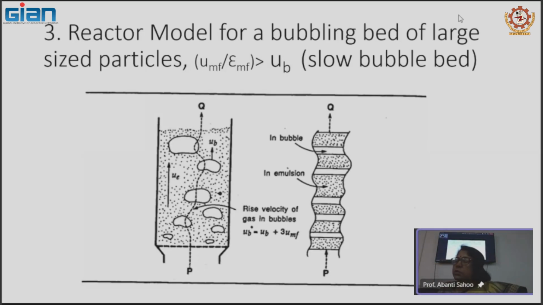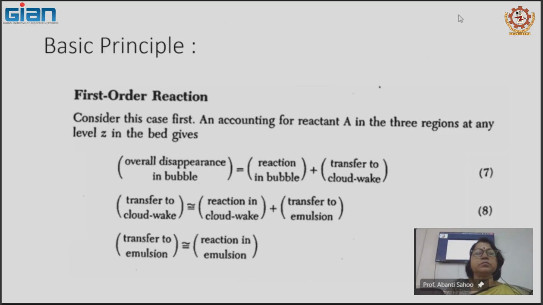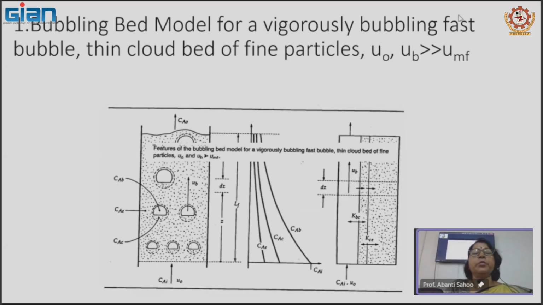Suppose another example is there, but I have not typed the question here. In the first type of model, for the fine particles, you can see the last things. Bubbling bed model for a vigorously bubbling bed, where the bubble velocity is much higher than U_MF.